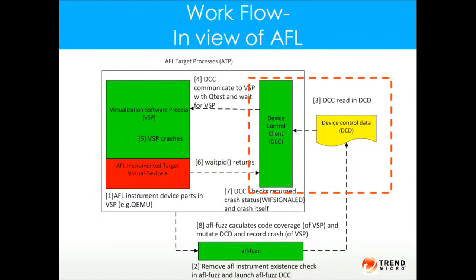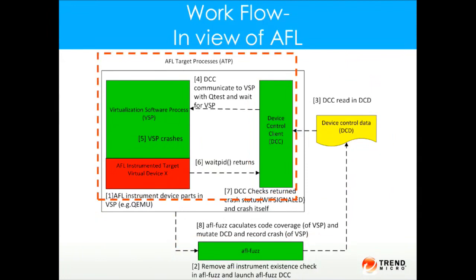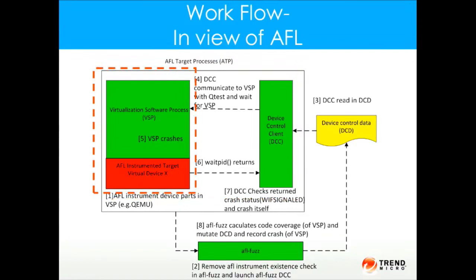The DCC will read in the DCD, and the DCC will fork the virtualization software process and wait for the VSP process. If the VSP process crashes, the crash information could be notified to the DCC because our system call waitpid will return.